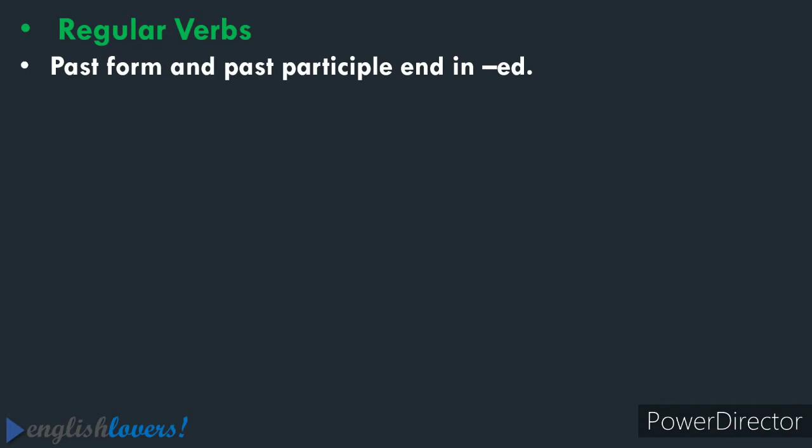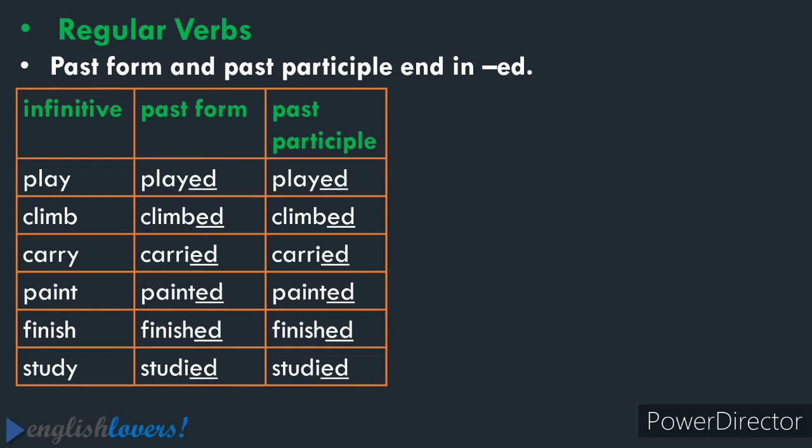If they end in ed, then we can call that verb a regular verb. It's very simple. Most of the English verbs are regular verbs, where the past form ends in ed and the past participle also ends in ed.